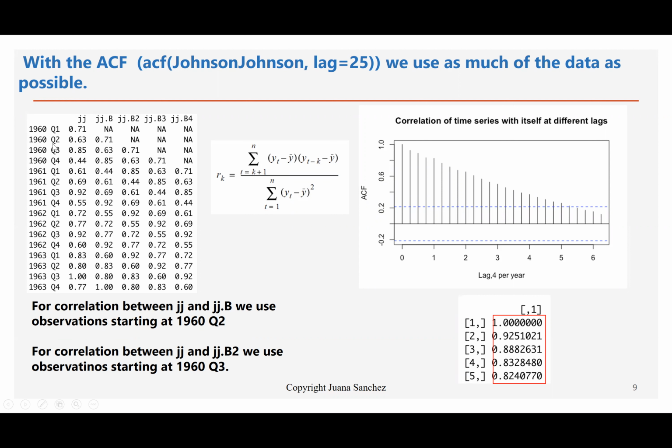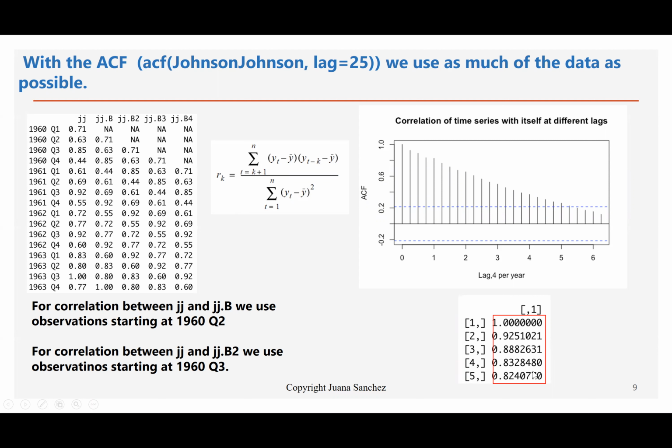And the correlation between YT and YT minus 4, we could start at quarter 1 of the next year. So we could use more observations to calculate the first, second, and third autocorrelations than when we had the complete case. Okay, so that's the difference. That's why these numbers obtained with the ACF are different.